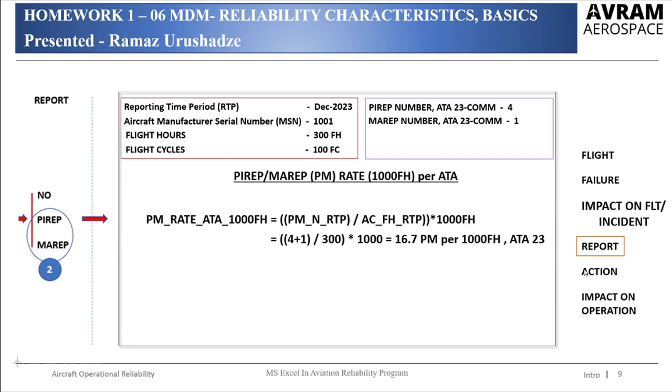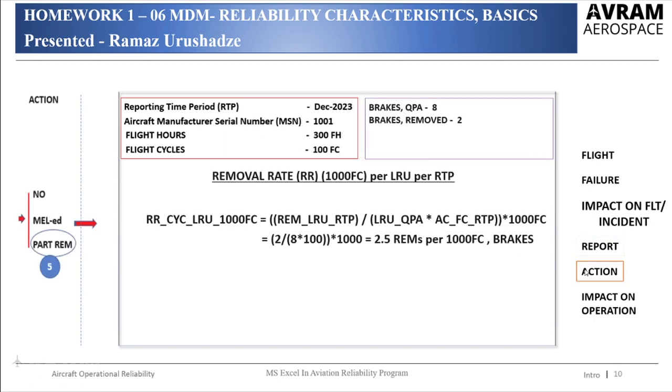Now let's move to the action. In action, we are going to calculate part removal rate on LRU level. And for this reason, I am using brakes. Let's say on our MSN 1001 installed 8 brakes, QPA equals 8. And December 2023, 2 brakes were removed.